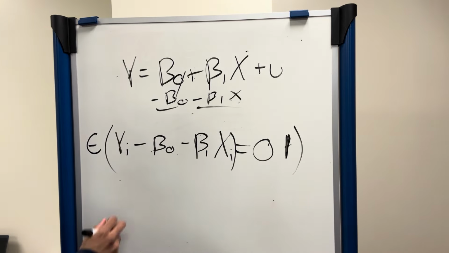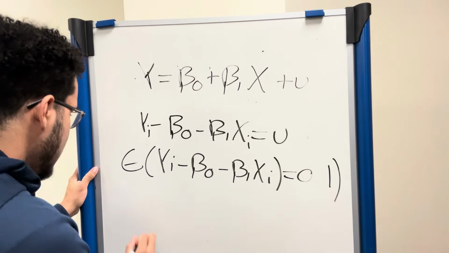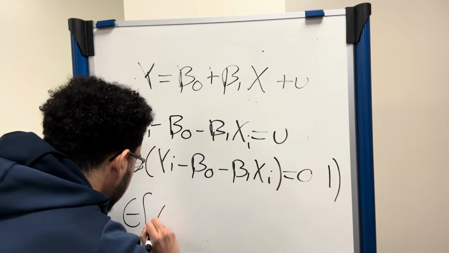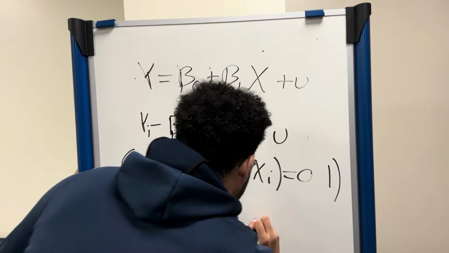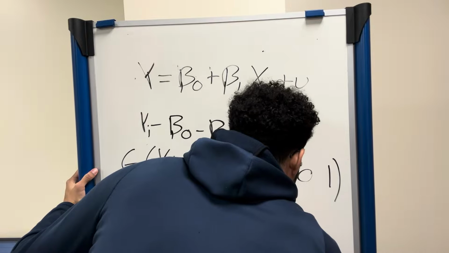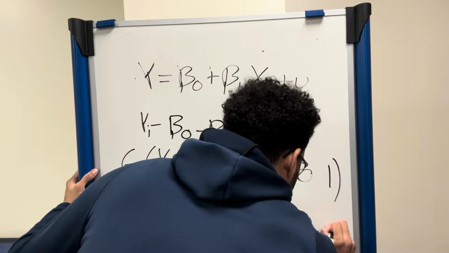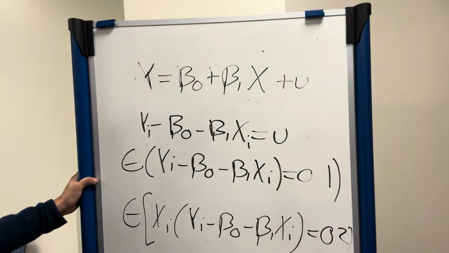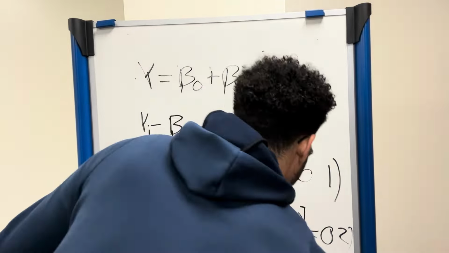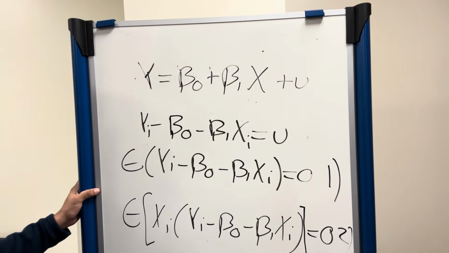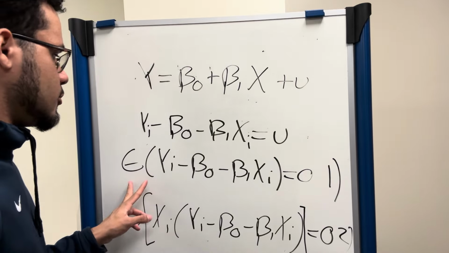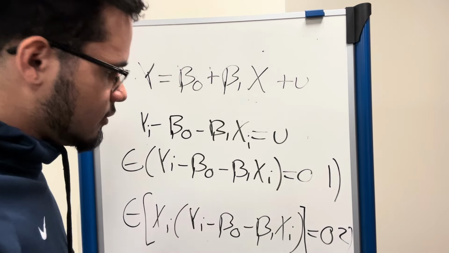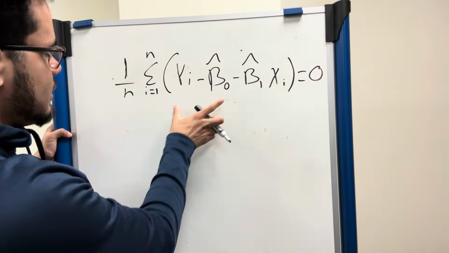This is our first equation, and then our second term. Okay, so we need to solve these two in order to come up with something more concrete, and that's what we'll be doing next. We'll be taking the expected value, or the mean, of these two, right?